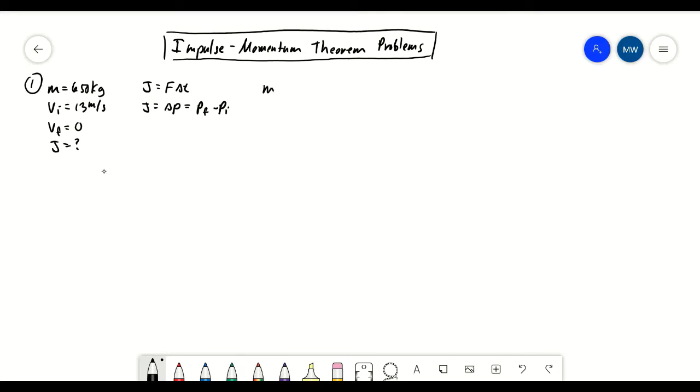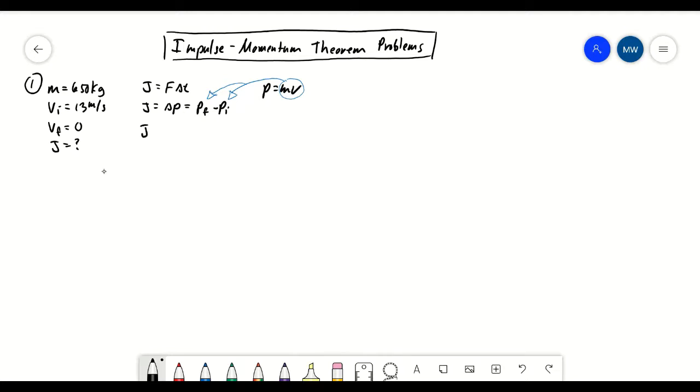Recall that momentum, P equals mv. So what we're going to do is take what momentum is equal to, mv, and substitute it in here and here. And we'll keep the subscripts for the final and the initial.